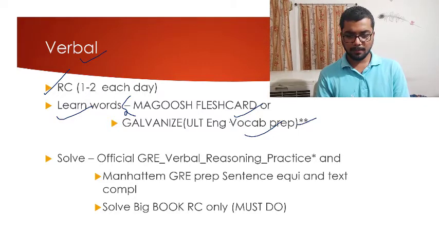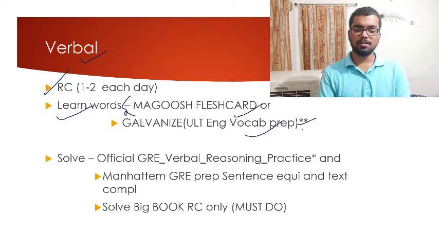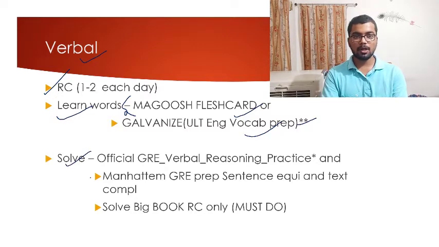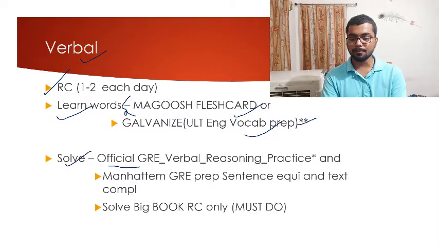I think that is not as productive, so I recommend just memorizing 800 to 900 words from these two apps. First of all, complete one app, and then jump to another app. In this way you can revise words from one app with the other.